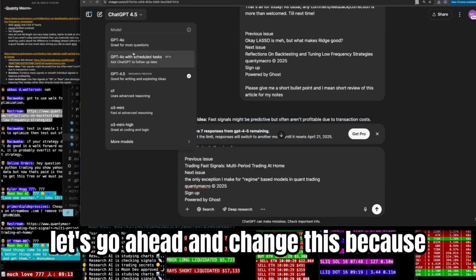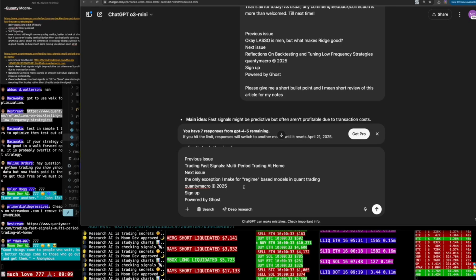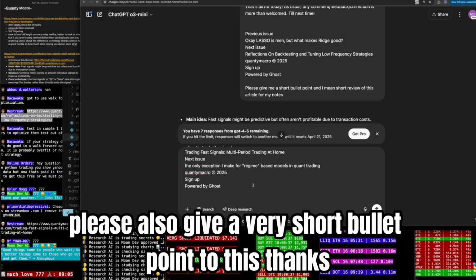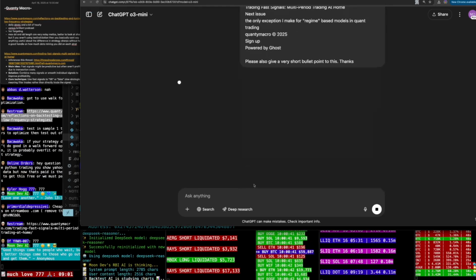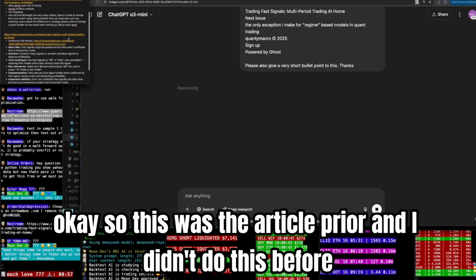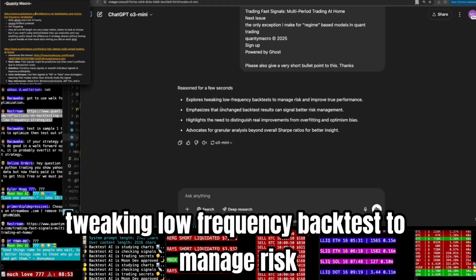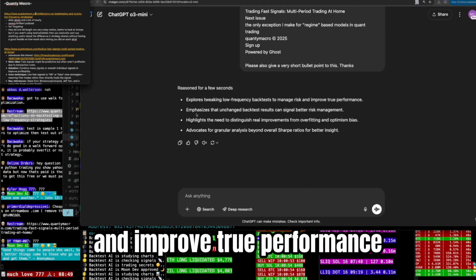Let's go ahead and change this. Please also give a very short bullet point to this. Thanks. Okay, so this was the article prior, and I didn't do this before, so I want to go ahead and do it now. It explores tweaking low frequency backtests to manage risk and improve true performance.